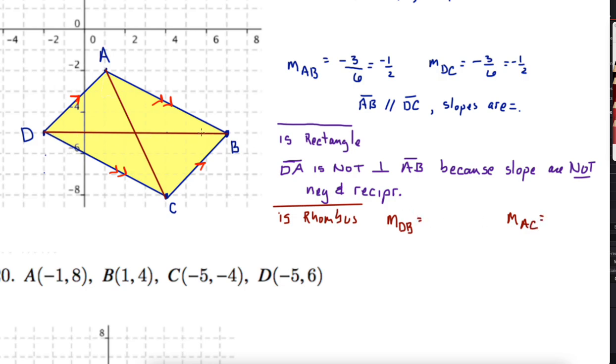Well, D to B is a horizontal line right here. Horizontal lines have zero slope. A to C, we're going down from -2 to -8. So we're going down 6, and then we are running 1, 2, 3. So that's -2 slope.